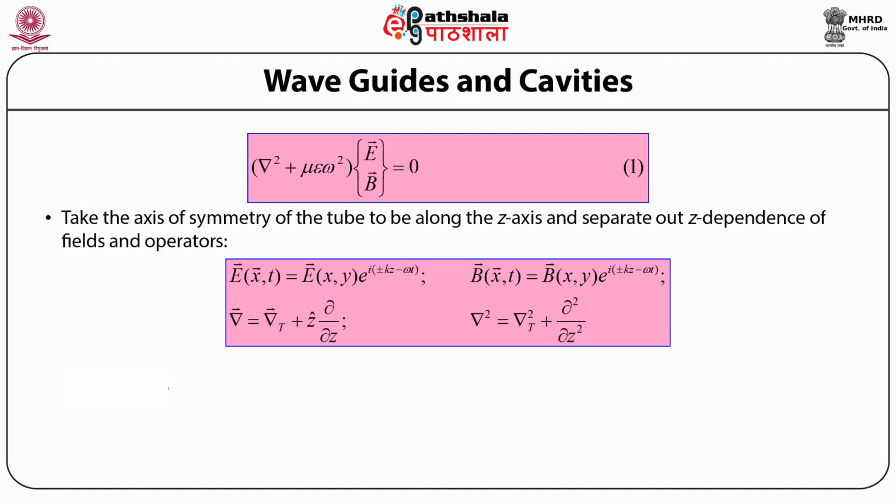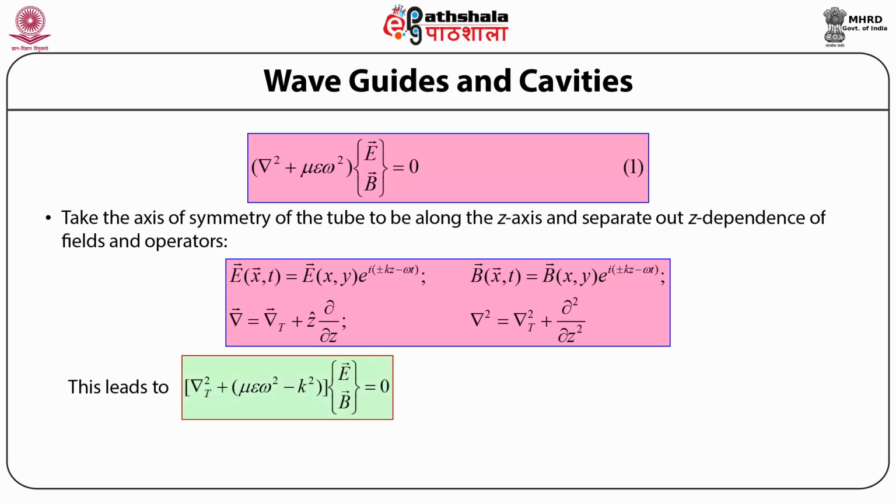Using these definitions and the way we have separated out the transverse component from the longitudinal component, we can rewrite the above equation as (del square t plus (mu epsilon omega square minus k square)) times the electric field vector equals 0, and similarly (del square t plus (mu epsilon omega square minus k square)) times the magnetic field induction vector B equals 0.